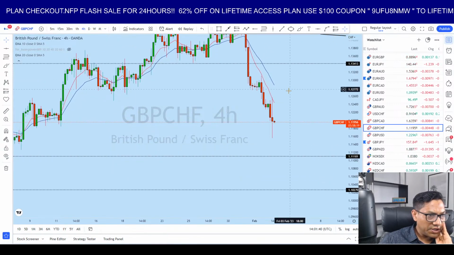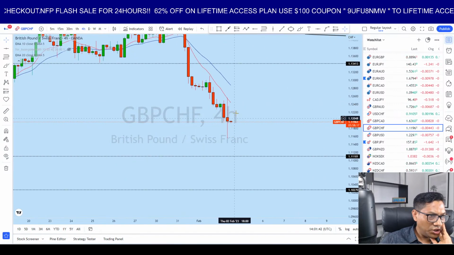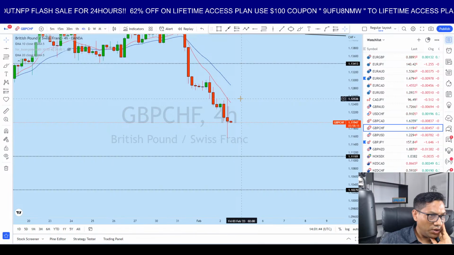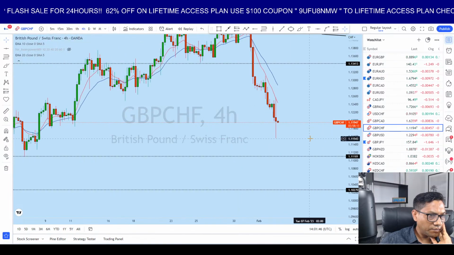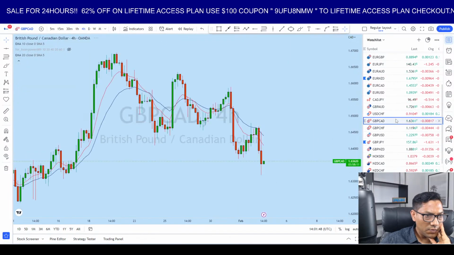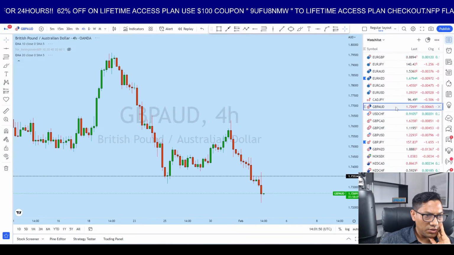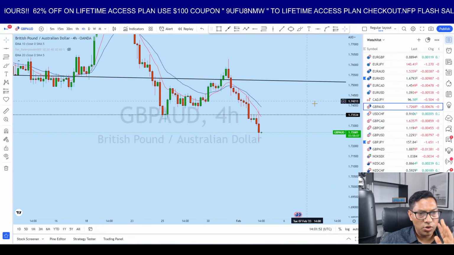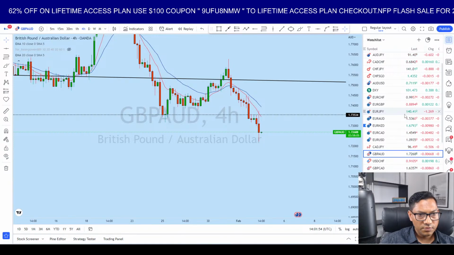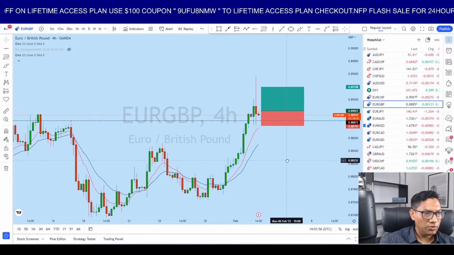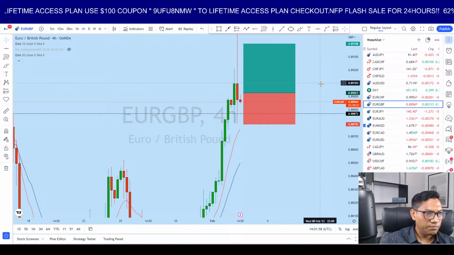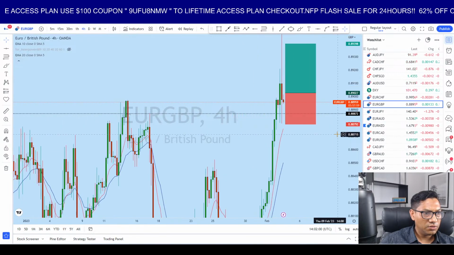So GBP CHF, you can see this is a typical doji, which is a middleman, grabbing liquidity from all of them. Bearish. GBP AUD also highly bearish, except Euro GBP, which is moving in the other direction.